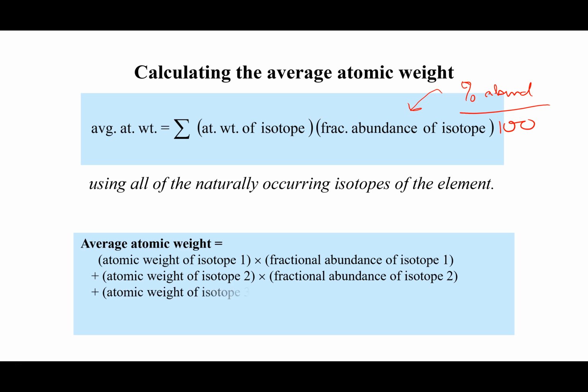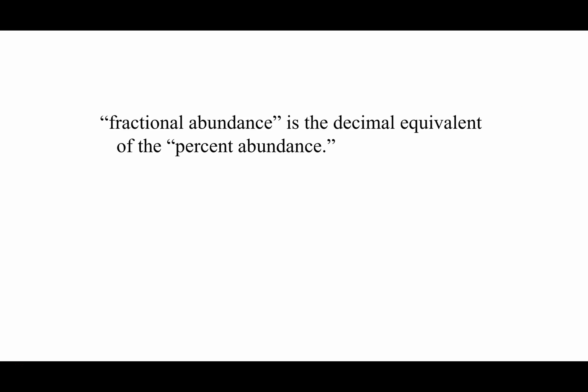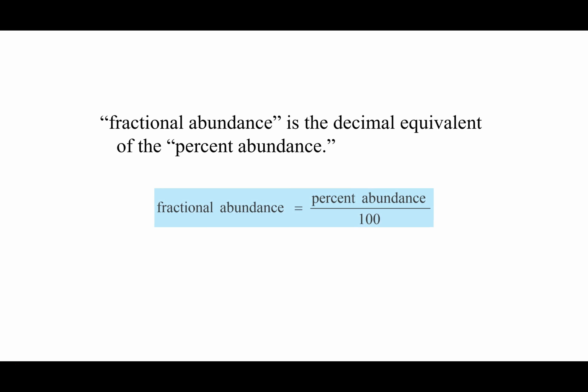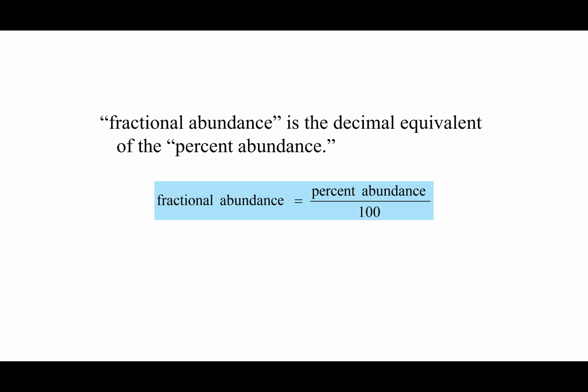Say if we had 3, we have 4, okay, etc., however many there are. And then we're going to add those together. So we'll do an example. But again, don't let that little formula throw you off. The fractional abundance is the percent abundance divided by 100. That's it.